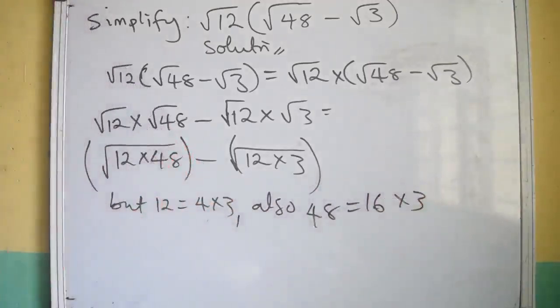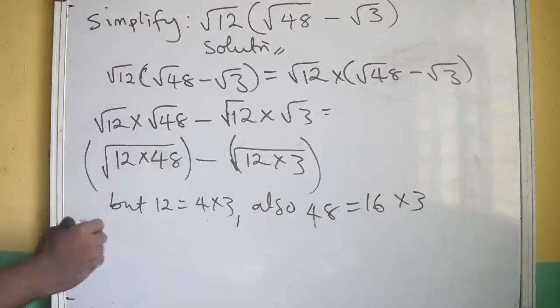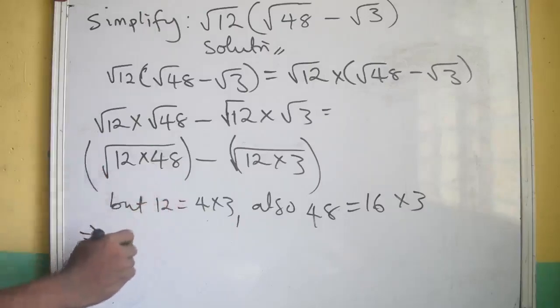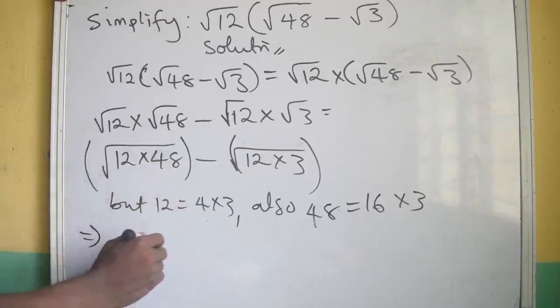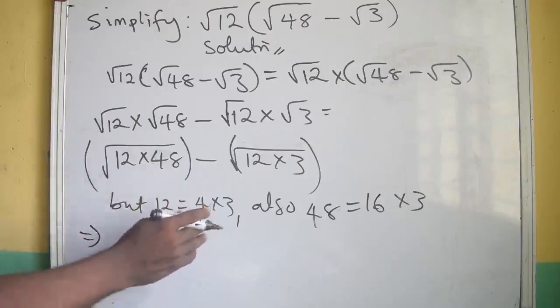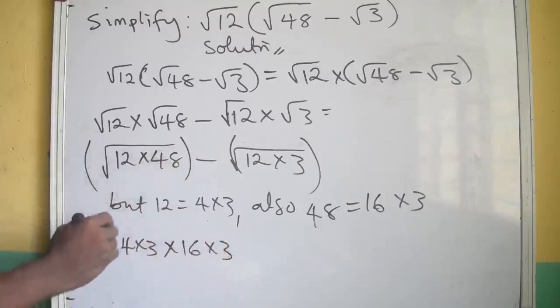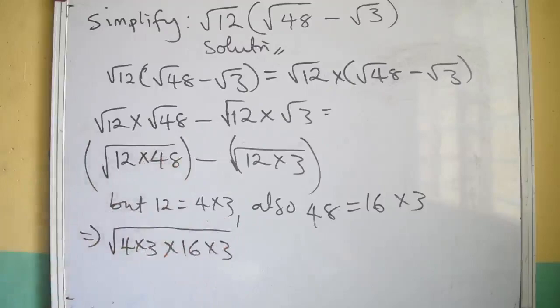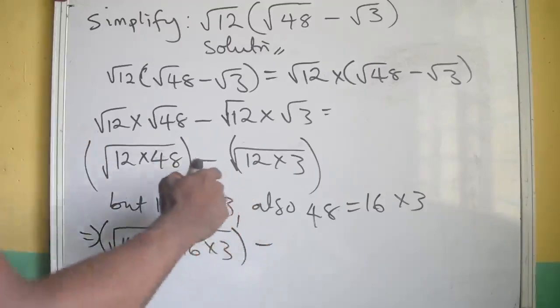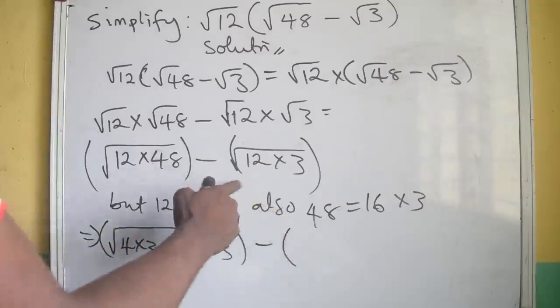So instead of writing 12, we can say 4 multiplied by 3, and instead of writing 48, we can say 16 multiplied by 3. Now we put them in square root, still put our bracket to separate. Bring down this, open another bracket.